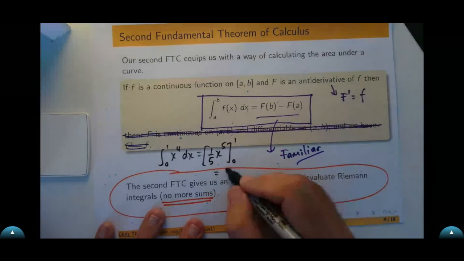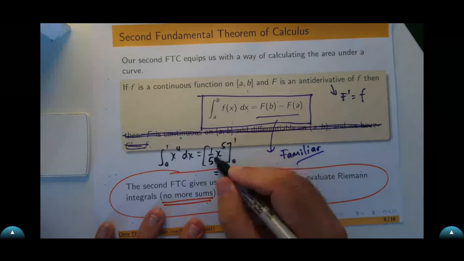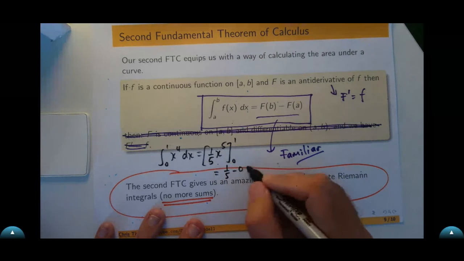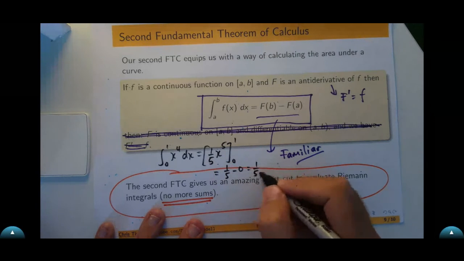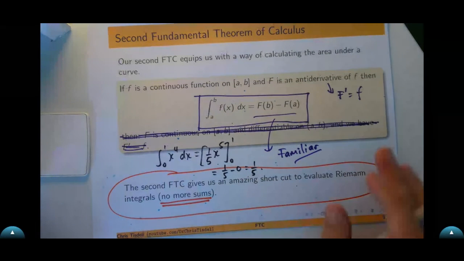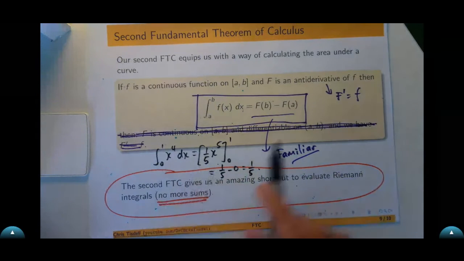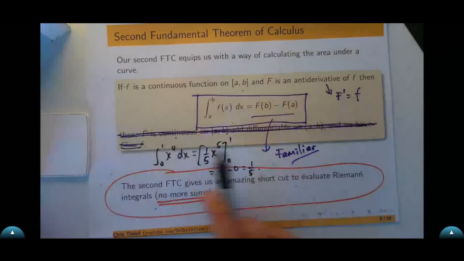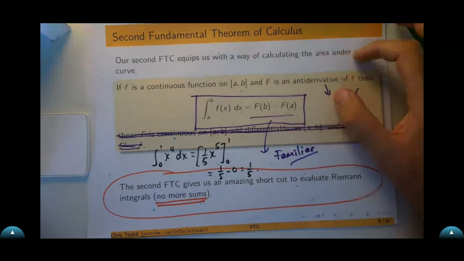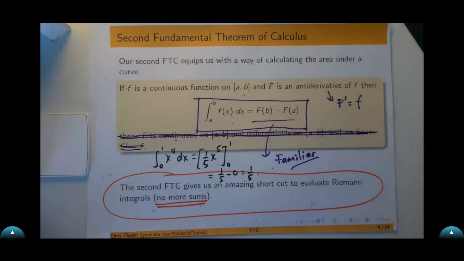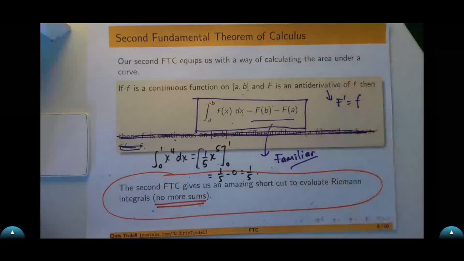And so this then is just 1/5 times 1 to the power 5 minus 0. Okay? So that's a really simple example of using the second fundamental theorem of calculus. So this is something that you should have worked with before, and hopefully it's very familiar to you.